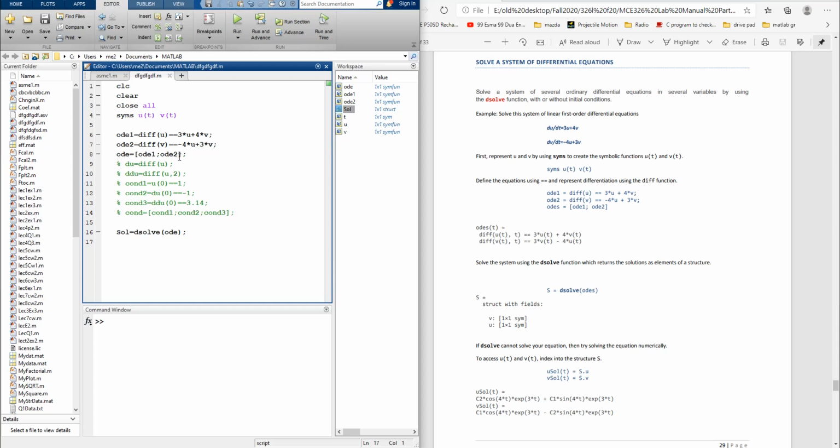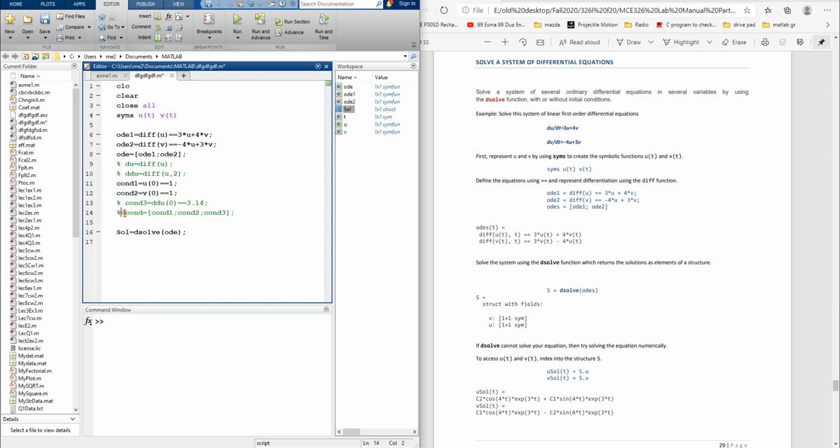So let me now say the initial conditions, we need two initial conditions. Say, as an example, condition number 1, the value of U at 0 equal to 1, and condition number 2, the value of V at 0 equal to say 1 also.